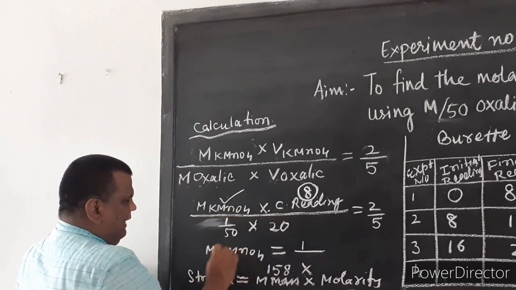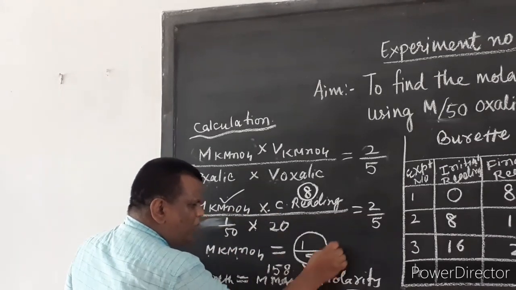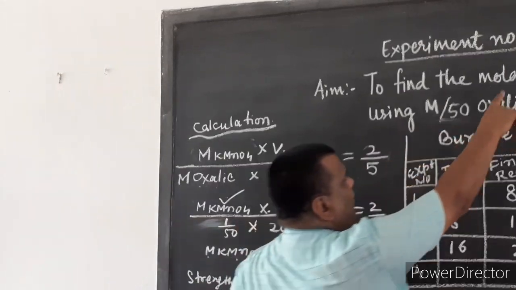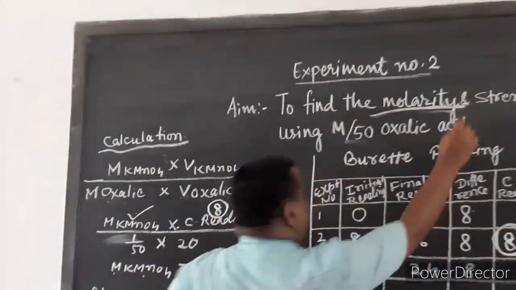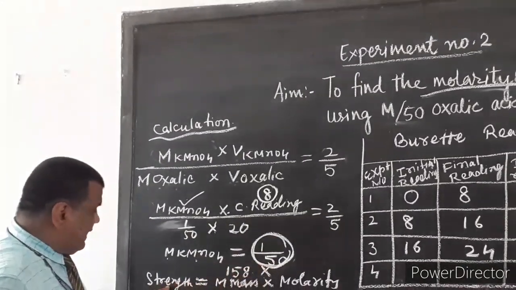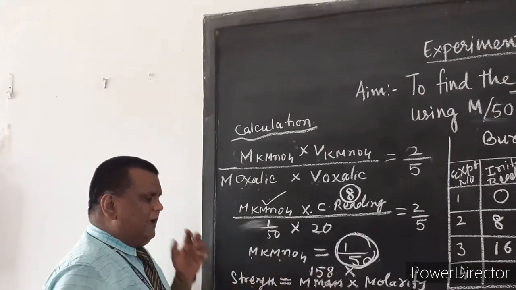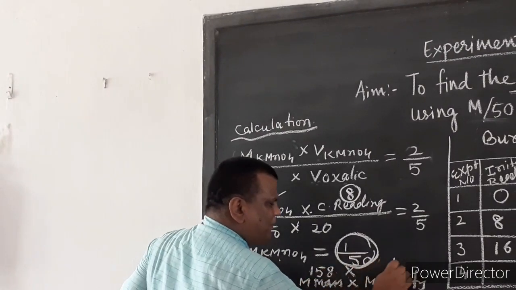So the molarity of the KMnO4 will be 1 by 50. And the strength is, the molar mass of KMnO4 is 158 and molarity is 1 by 50.